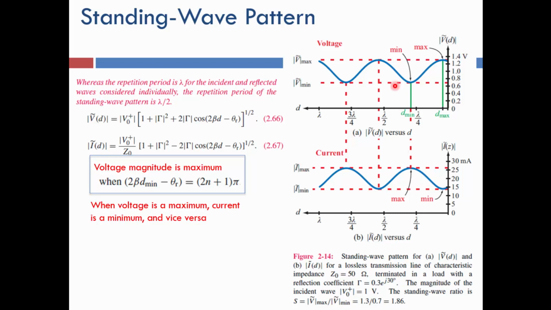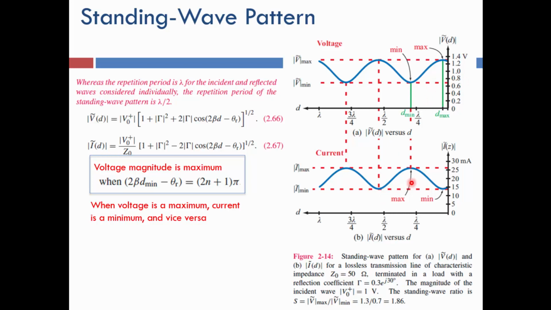So at certain positions we have maximum magnitude, and at other positions the magnitude will be minimum. If we measure the ratio between the maximum and the minimum, we could specify how much reflection occurred along this transmission line, and the same for the current.